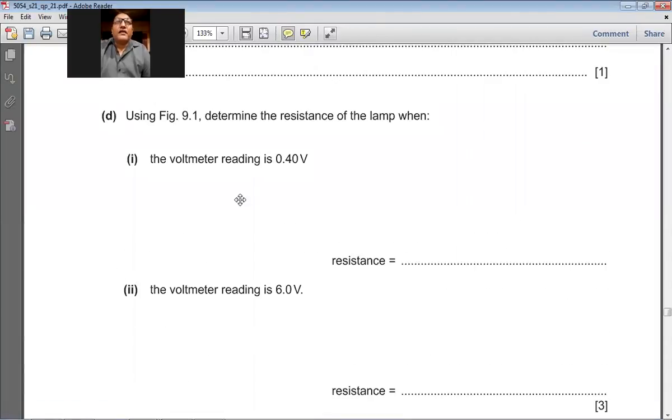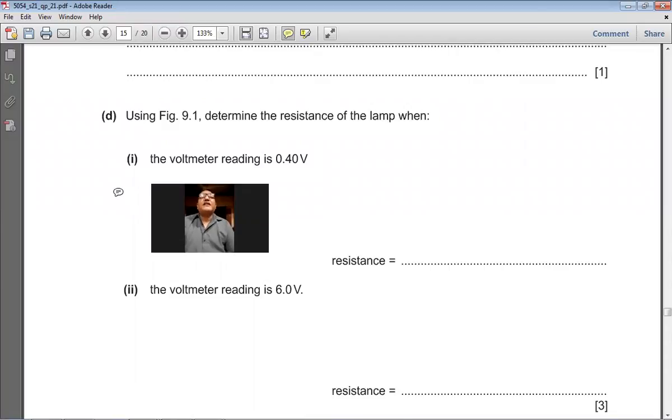Okay. He says, using figure 9.1, the graph which was given to us, determine the resistance of the lamp when the voltmeter reading is 0.40 volt and when the voltmeter reading is 6 volt.